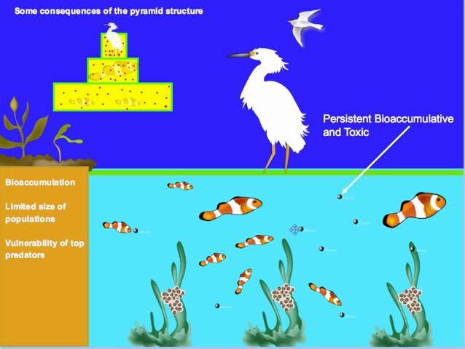When they get in, the fish is not able to eliminate it. Sometimes if they're taken in with water, then the water is eliminated, but then the chemical is even more concentrated within the body. So because these chemicals get into an organism's body and then it can't get rid of them, they accumulate in the organism's body.